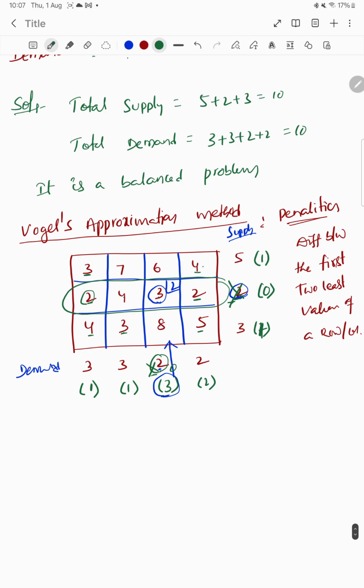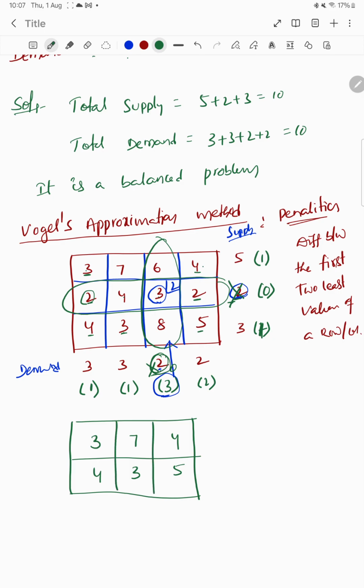Similarly, the third column demand became 0, so the third column must also be deleted. After deleting the second row and third column, the leftover matrix is 3, 7, 4 and 4, 3, 5. So this is the new matrix.